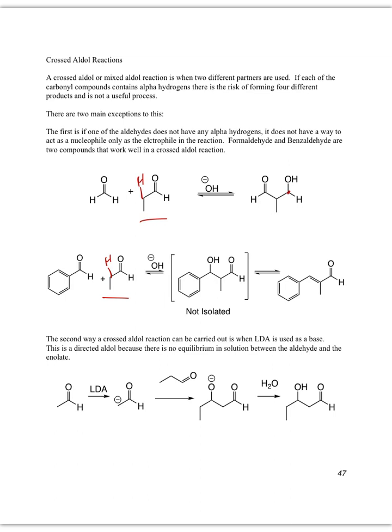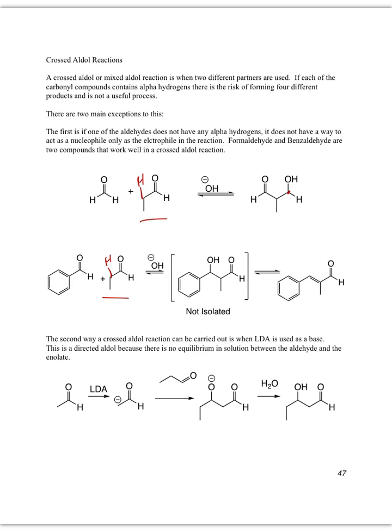The second way we can do a crossed aldol is if we use a really strong base, like LDA, that has no ability to have an equilibrium going on. It's going to pull the hydrogen off and it's done.